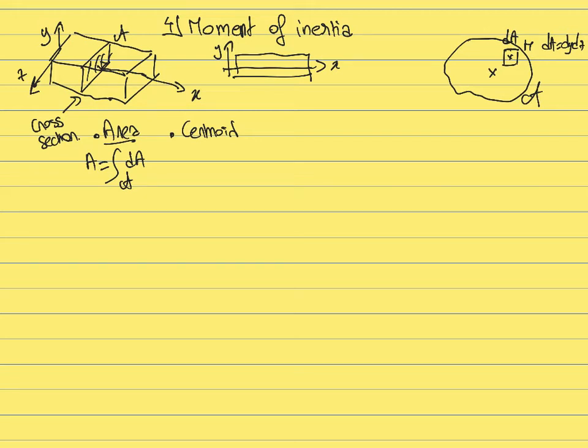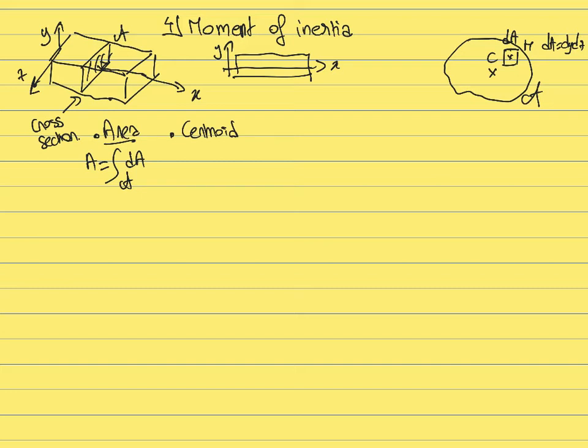The centroid is defined as the point such that if you put the surface on your finger, the only point at which the surface will be at equilibrium, without tilting towards the left or towards the right, is if you put your finger exactly at the centroid C of the surface. So C, the centroid, is the geometrical center of this surface.